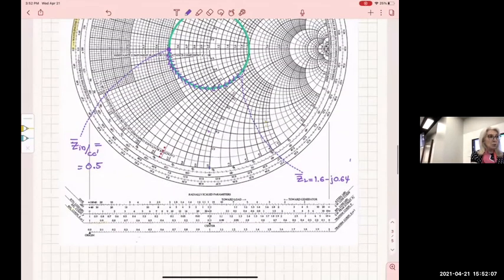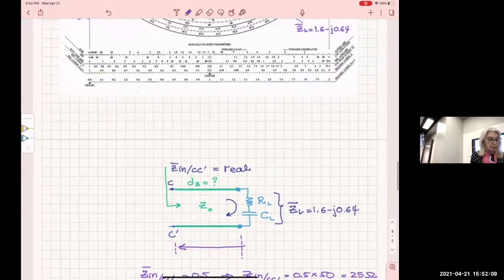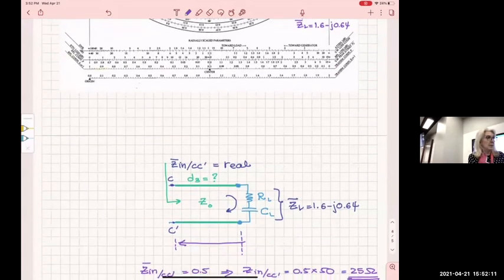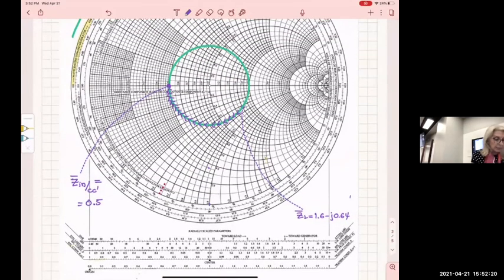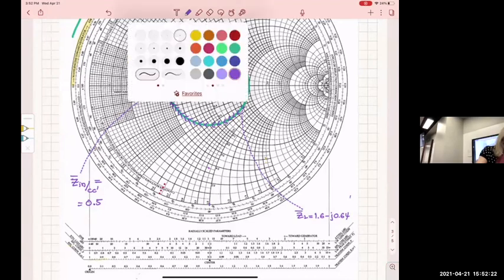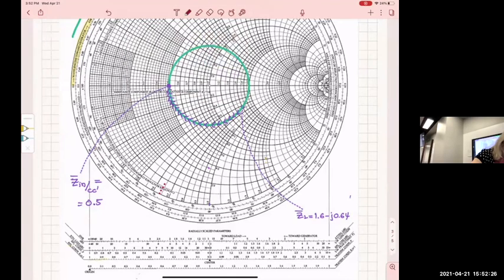Now, what else do I need to find from this line? I need to find the length. While I'm doing this, I need to find how much distance I'm moving from where I am, ZL, to Z in. So how do we find the distance? Now, we connect the center with this point.